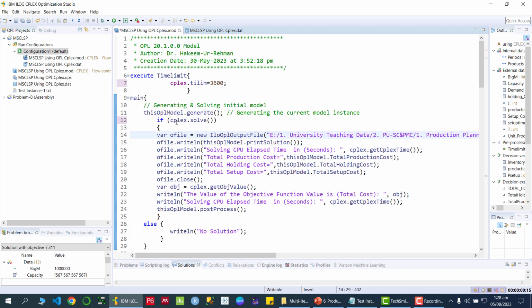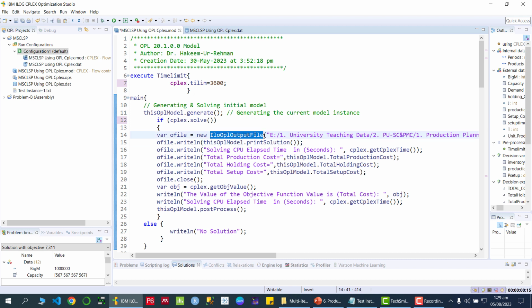But if it is able to find the optimum solution, first of all, I am defining a variable called var. This is basically JavaScript. Var is basically a variable, right? And then I am saying this variable is equal to new, this is the output file, which means the result is going to be saved.